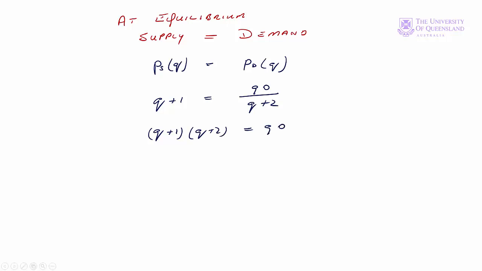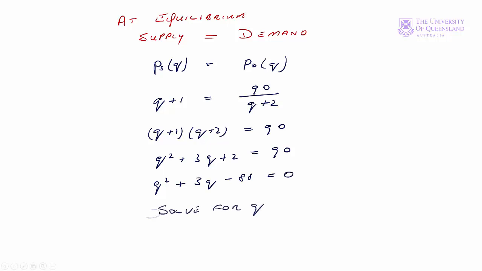So we have a quadratic here. It'll be Q squared plus 3Q plus 2 is equal to 90. Subtract 90 from both sides and then we can solve for Q. That gives us Q squared plus 3Q minus 88 is equal to 0. To solve for Q, we'll use the quadratic formula.